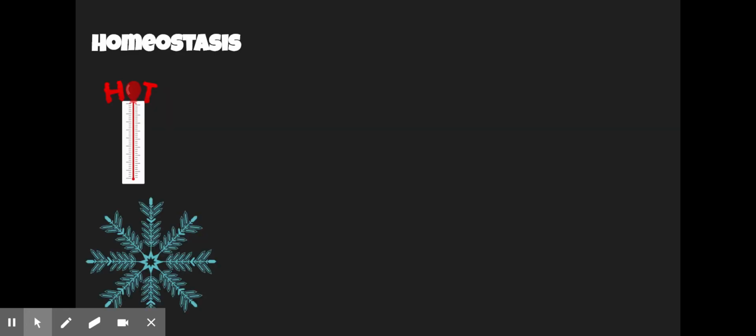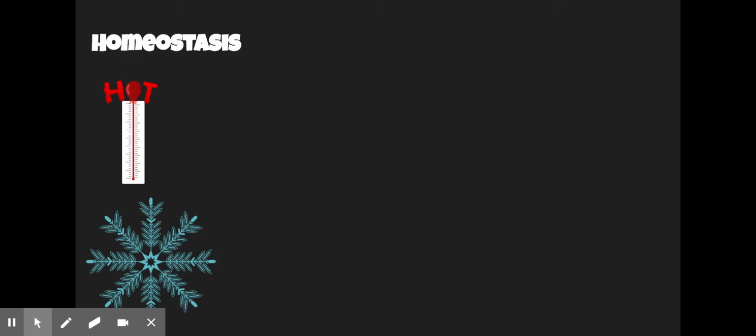All right, so let's take a look at this. When you're outside, this is just an example. I'm going to use temperature also for the example. Again, we said that we need nutrients and we need certain amounts of water and we need certain amounts of sugar. But I think when we're explaining homeostasis, temperature is just a little bit easier to understand.